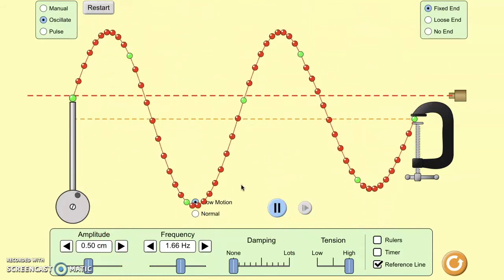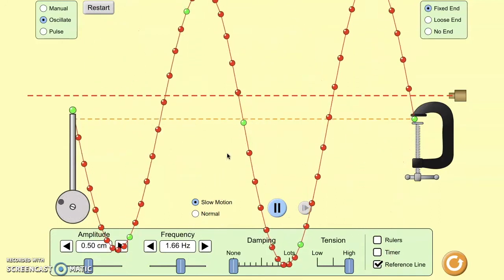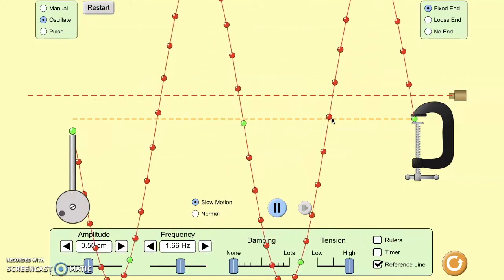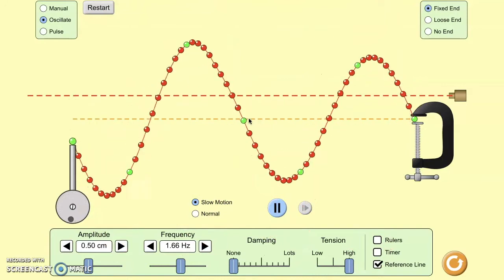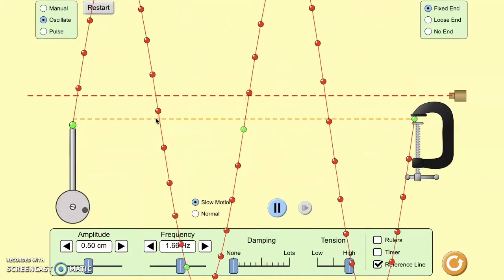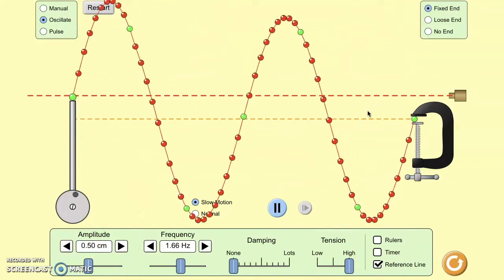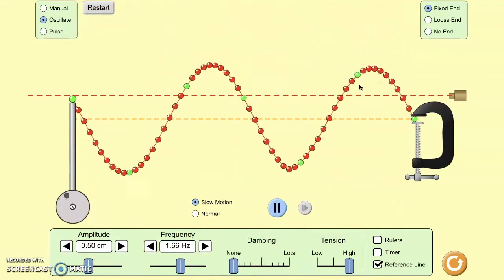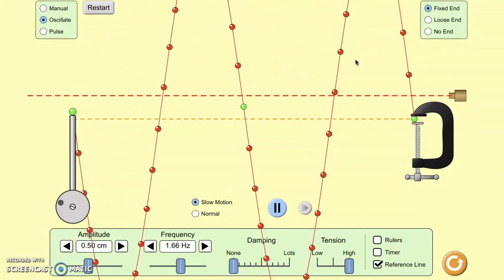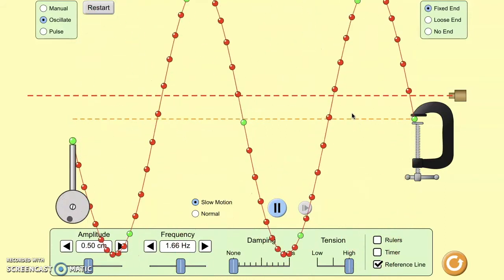Now I can't make this frequency quite right. It doesn't work perfectly here, but if I could choose exactly the right frequency, you would see these three positions not moving whatsoever, and then these four positions, 1, 2, 3, 4, just maximum amplitude over and over again, just switching back and forth. And so this is what we call a standing wave.